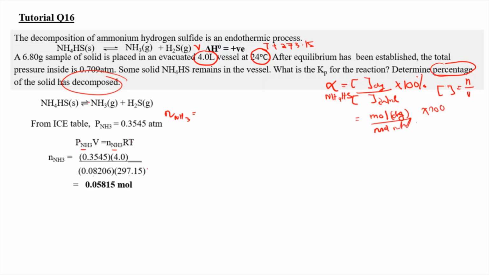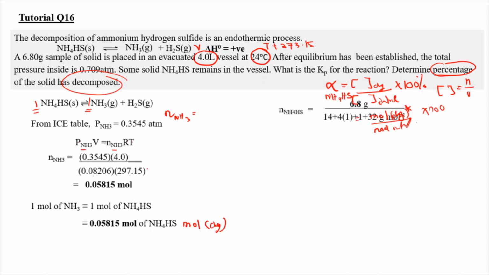And from the equation, you know that 1 mole of ammonia will produce 1 mole of NH4HS. So you can equate that. It is also equal to 0.05815 mole of NH4HS.